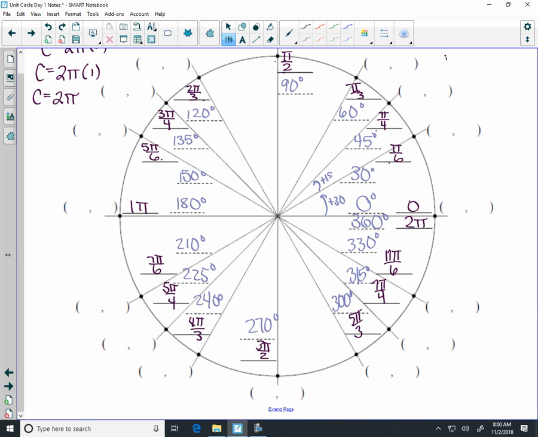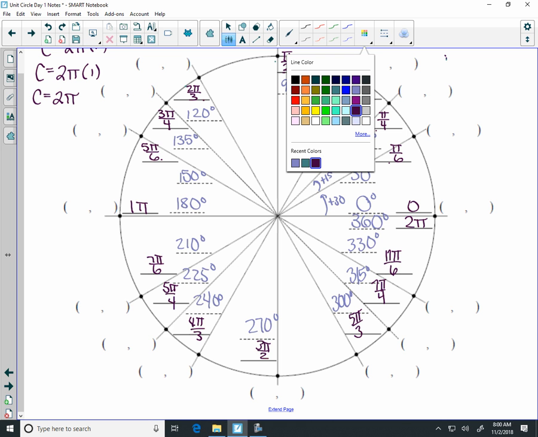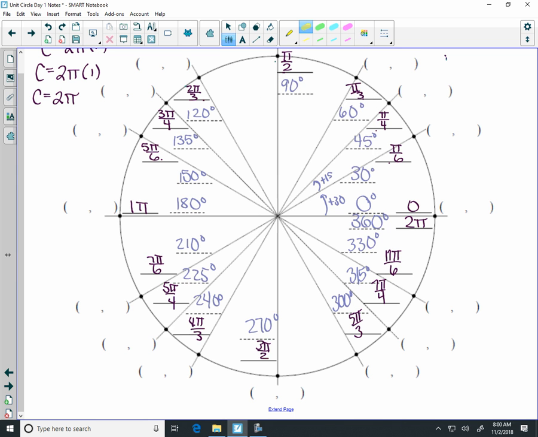So what we have here is all of our angles in radians, and if you look across the unit circle, some of these angles have the same denominator, and there's a pattern to the angles that share the same denominator. I'm going to get a highlighter into this for you.